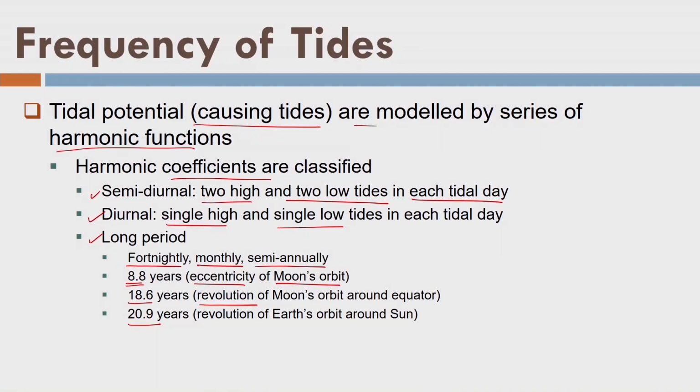That means the point will be exactly at the same position with respect to sun after 20.9 years or 21 years. But as we know that effect of the sun is much less than the moon, that is why we always prefer a period of 19 years for the observation of the tides. That means we create the MSL by observing the variation of the tides over a 19 year period at a place or at a sea coast.